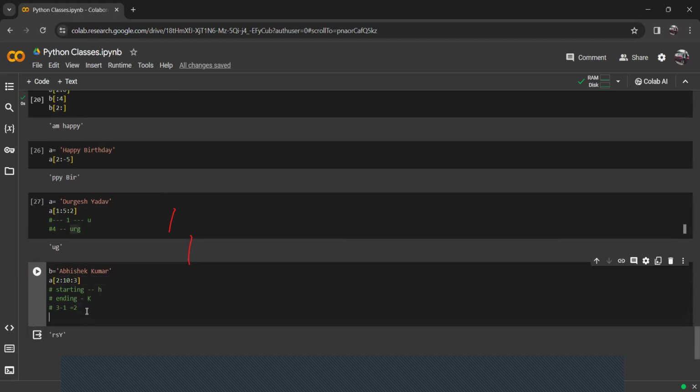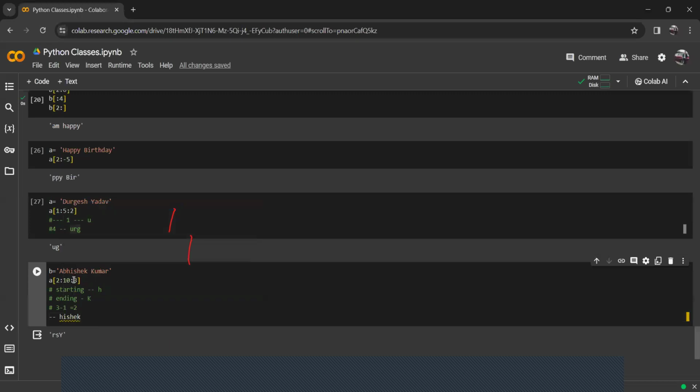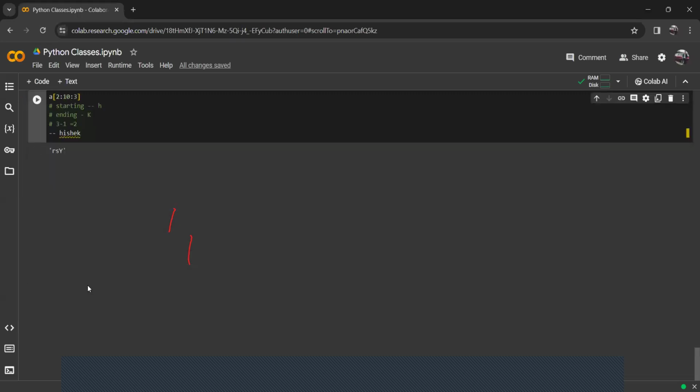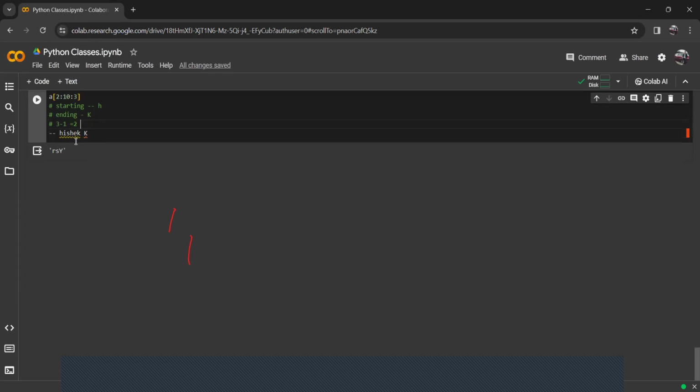So the first outcome was starting from H, and we are going to take till HISHEK, then a space and capital K. Now we have to skip 2 things.